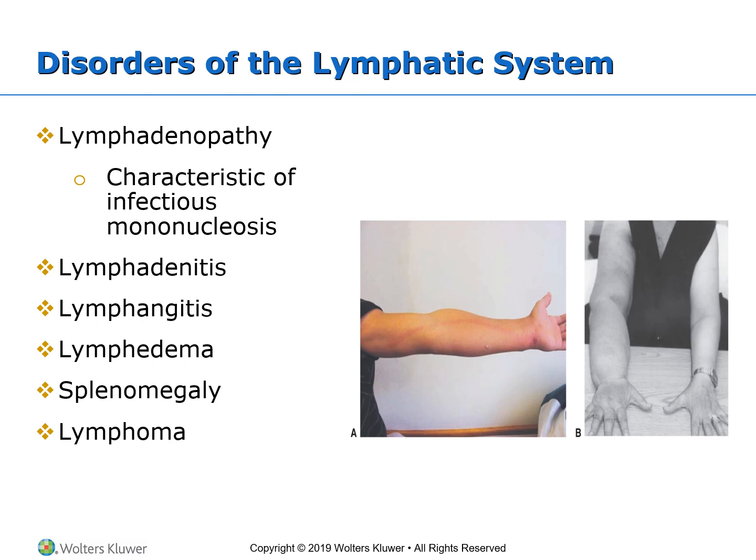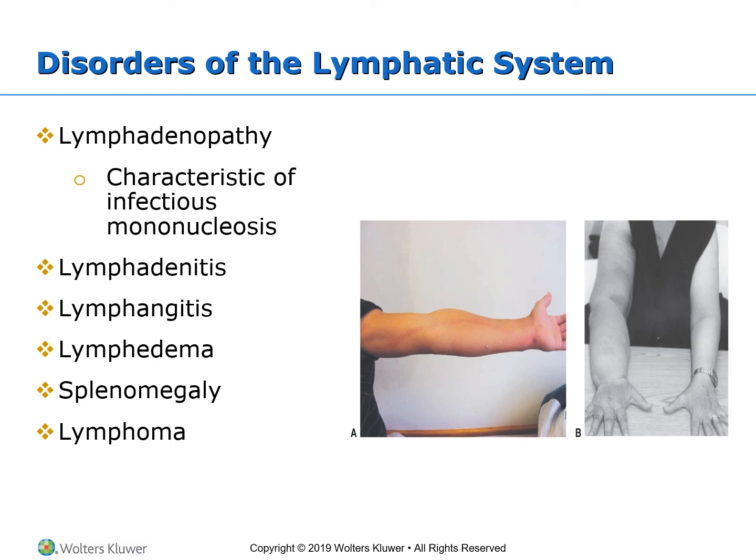Another type of lymphedema we'll see is in what is called filariasis. Another name for this condition is elephantiasis. There is an enlargement of the lower extremity resulting from a blockage of the lymphatic vessels.